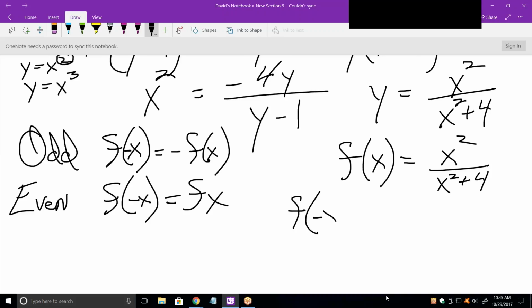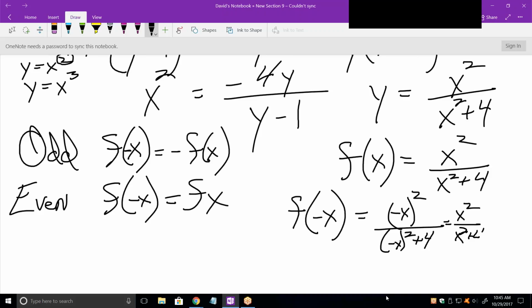Let's figure out what f of minus x is. Well, clearly it's the same thing. In other words, it's minus x squared over minus x squared plus 4. Since that is x squared over x squared plus 4, that's equal to f of x.